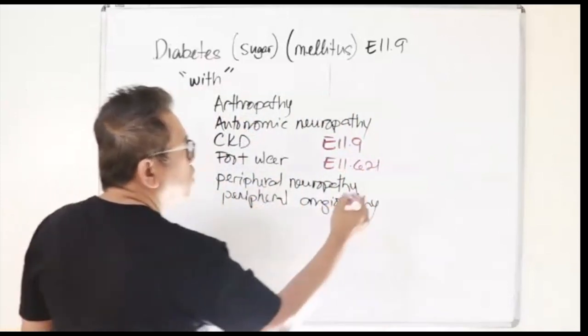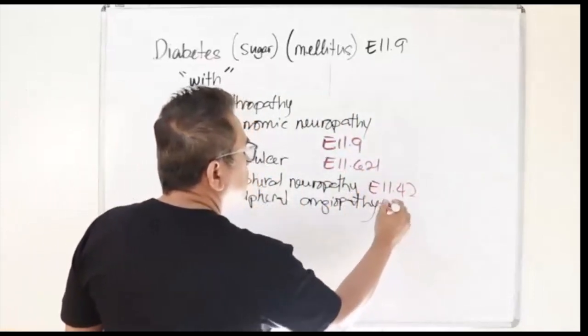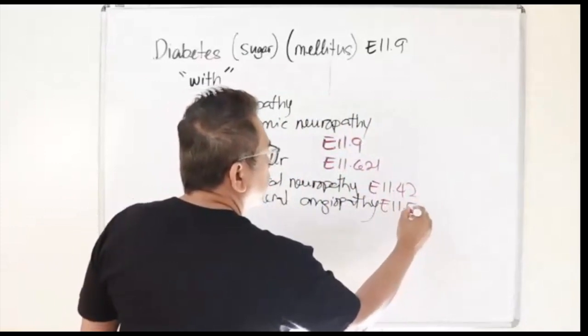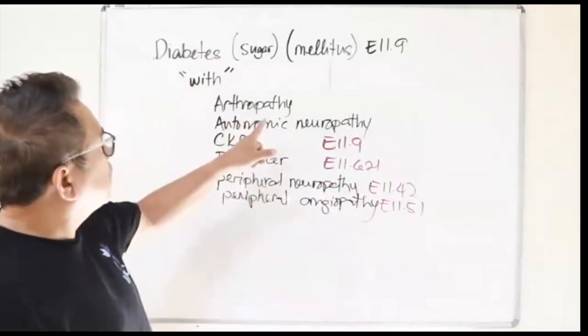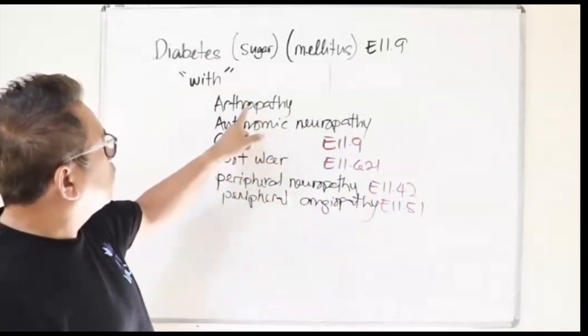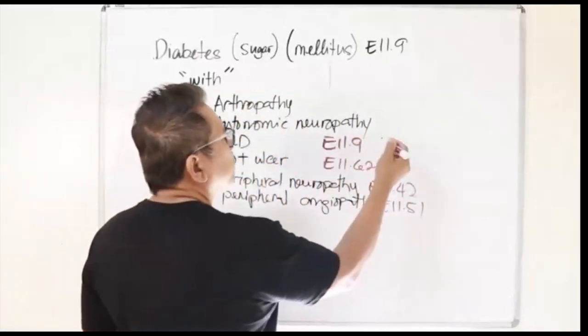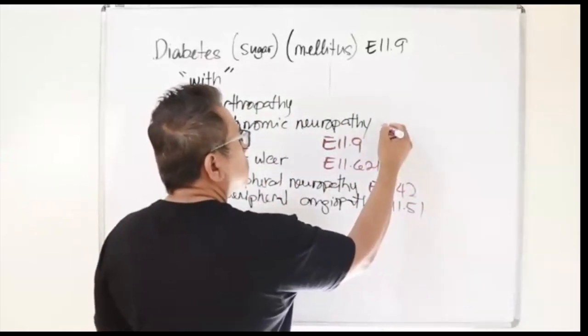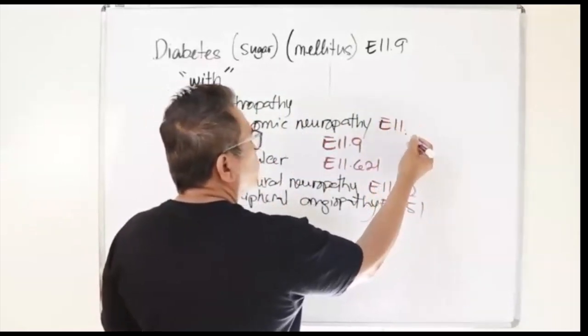Okay, peripheral neuropathy is E11.42, and this one is E11.51. Okay, can you guys look it up? What is the code for this arthropathy and this one? I think this one is E11.43.